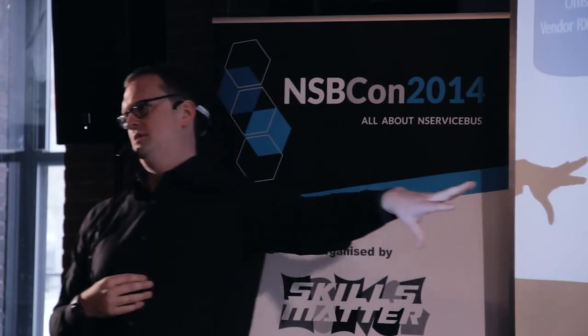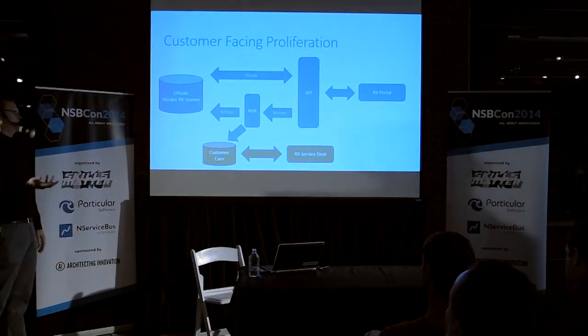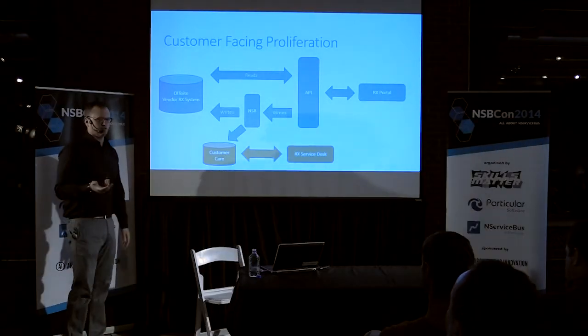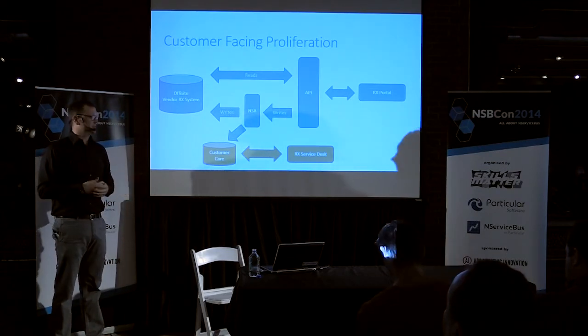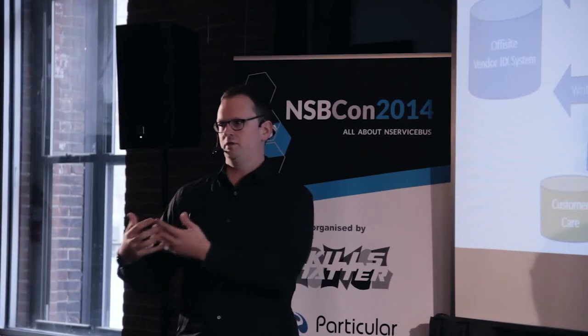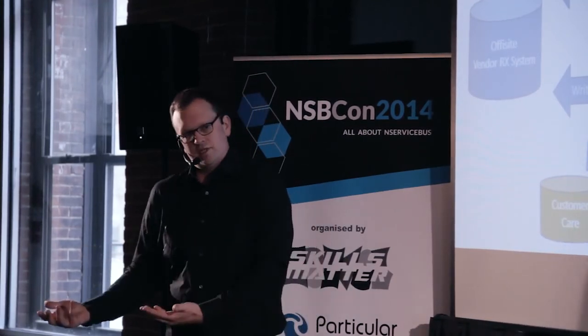So we managed our exceptions explicitly, and we were able to push those over into a customer care application where the service desk was able to help those customers before they even knew there was a problem. So again, another customer service thing that we can do for you is we know that your refill isn't going to happen for whatever reason. We can do something about that, so why don't we?